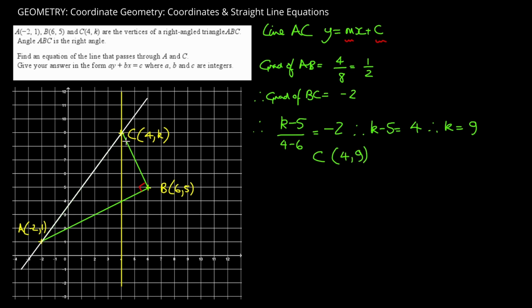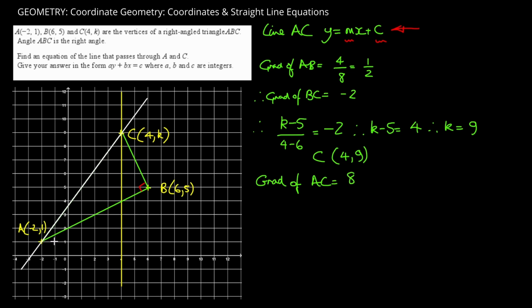How right were we? Well, not bad. My estimate of a right angle wasn't too bad. It does indeed go through the point (4, 9). But we're still left to find the gradient of AC. So let's start by finding m. m is found by the rise over the run. So the gradient of AC: the rise is from 1 up to 9, so that's a rise of 8.